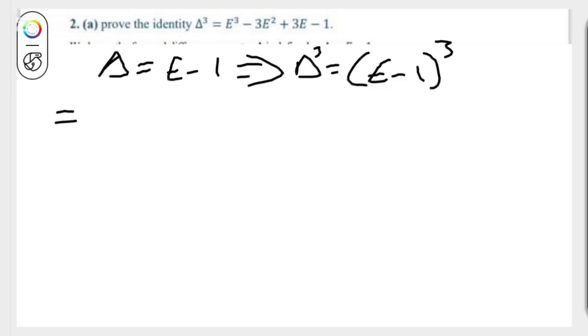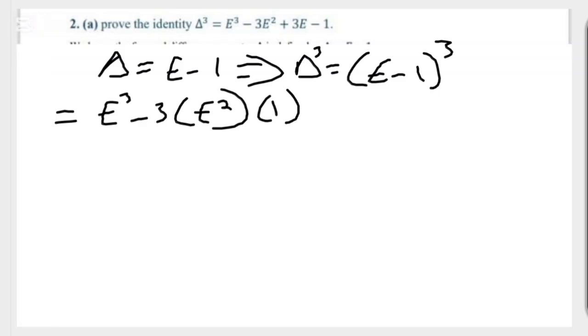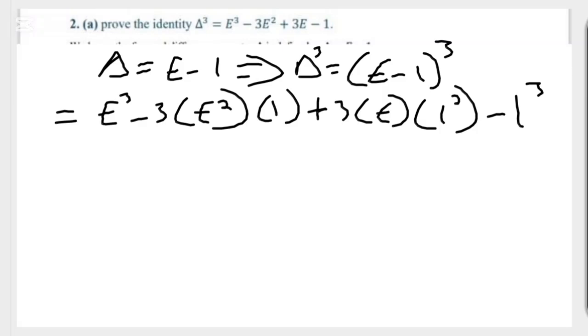As you all know, (e minus 1) cubed is the same thing as e cubed minus 3e squared multiplied by 1, plus 3e multiplied by 1 squared, minus 1 raised to the power of 3.